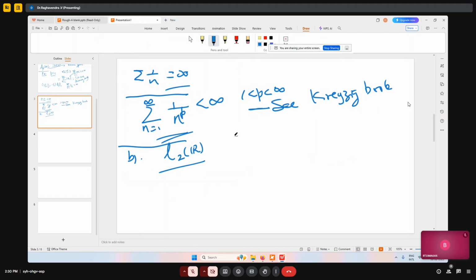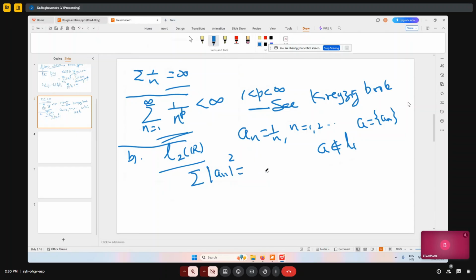Now, if you look at the sequence a_n equal to 1 by n, n equal to 1 to infinity, so that is the sequence A equal to a_n. This A is not in L1. But when you look at the summation of mod a_n squared, this is actually summation 1 by n squared.